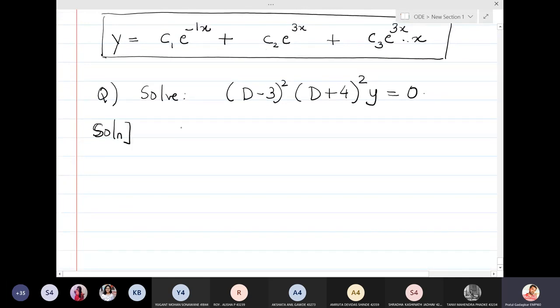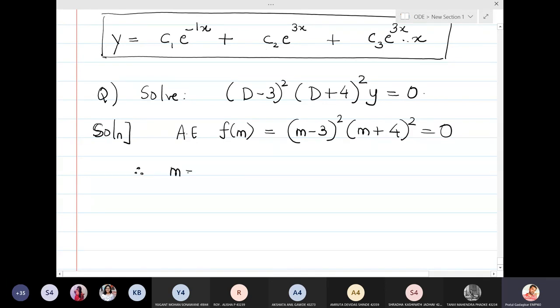The auxiliary equation f(m) is equal to m minus 3 square into m plus 4 square equal to 0. So the roots are m equal to 3, 3, minus 4, minus 4.